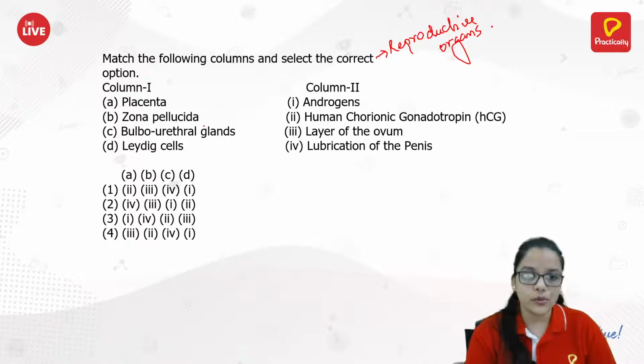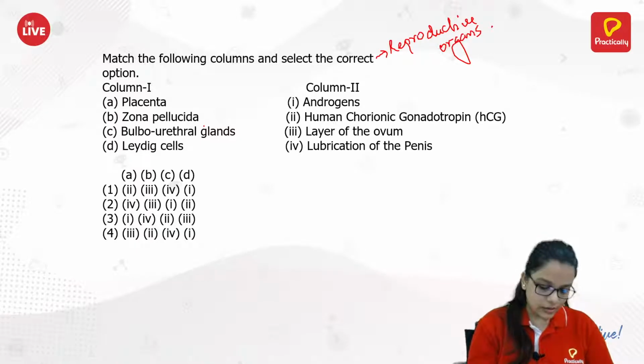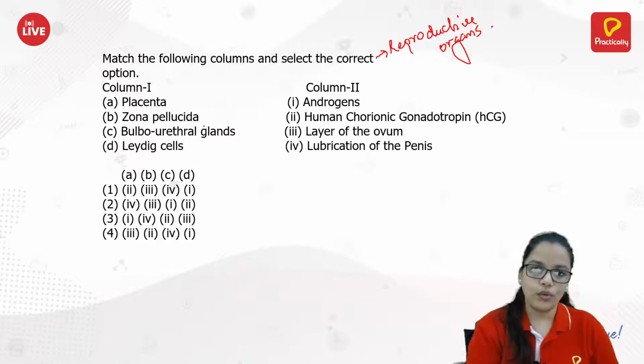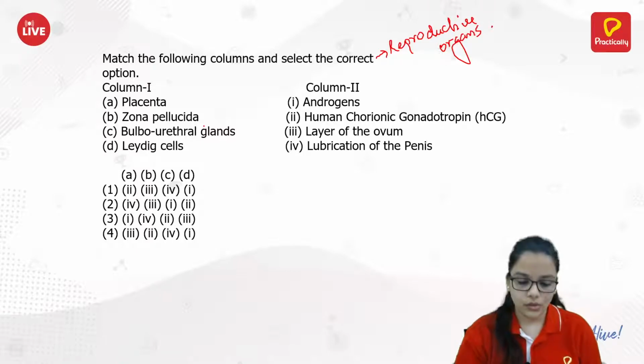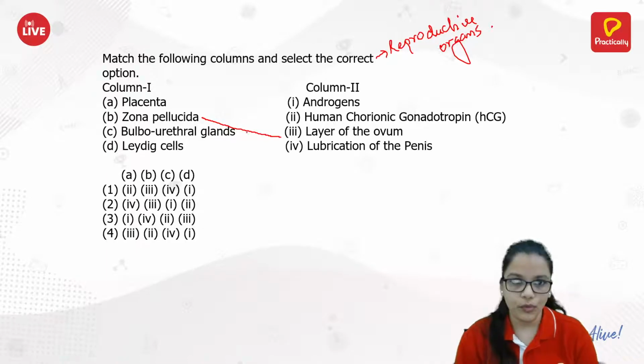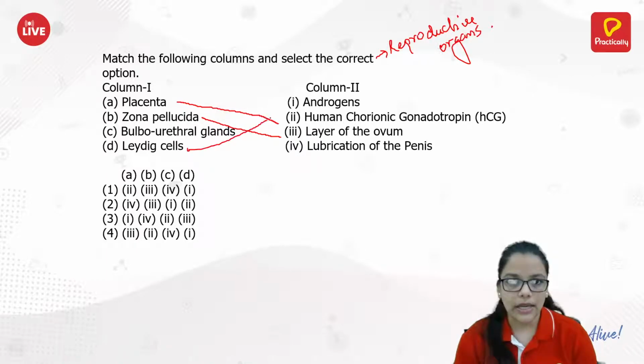For sure, I know zona pellucida is a layer of ovum. Placenta produces human chorionic gonadotropic hormone. Now, Leydig cells, they produce androgens, and bulbourethral glands produce the mucus for lubrication of penis.